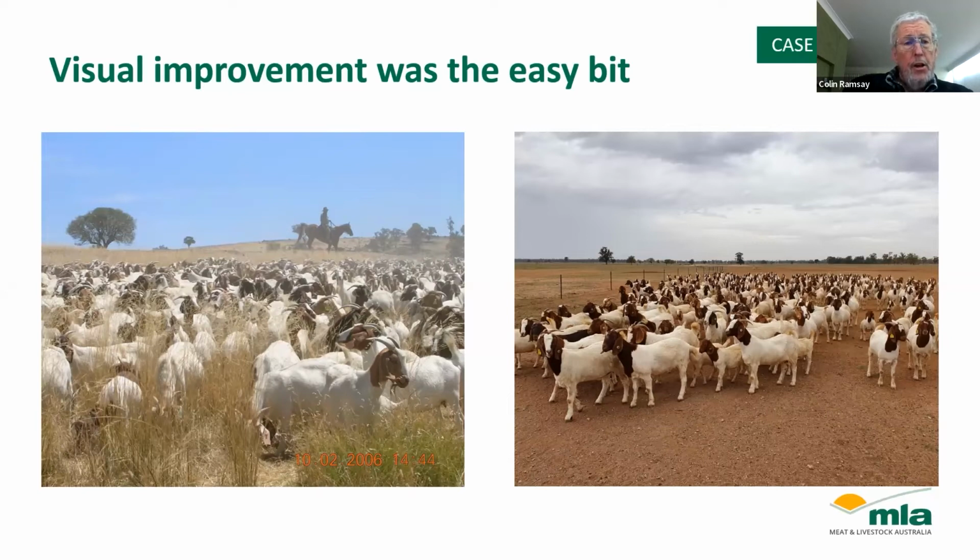So there we started in 99. This one here with the horse, that's 2006. We already had some reasonable looking animals there. A little bit of rangeland in the frame, but otherwise okay. And on the right, that's 10 or 12 years later of continued breeding.